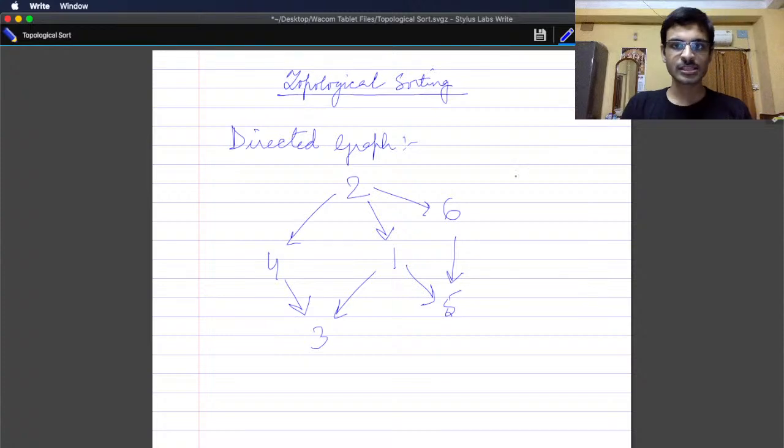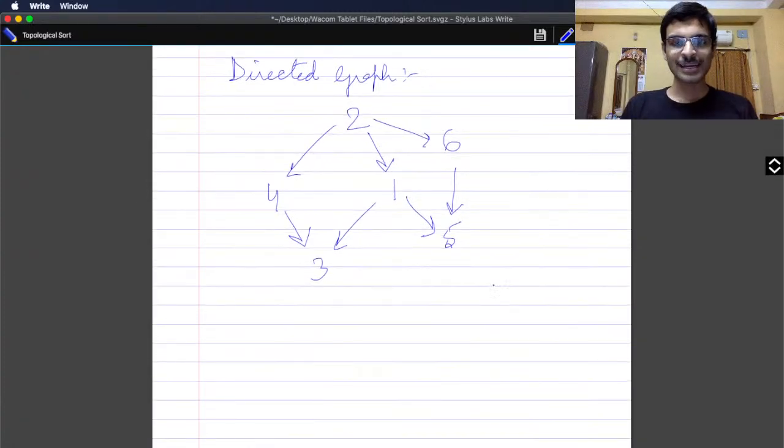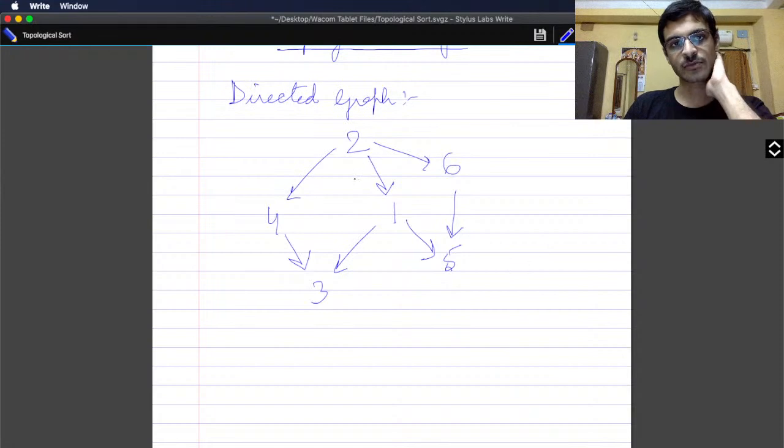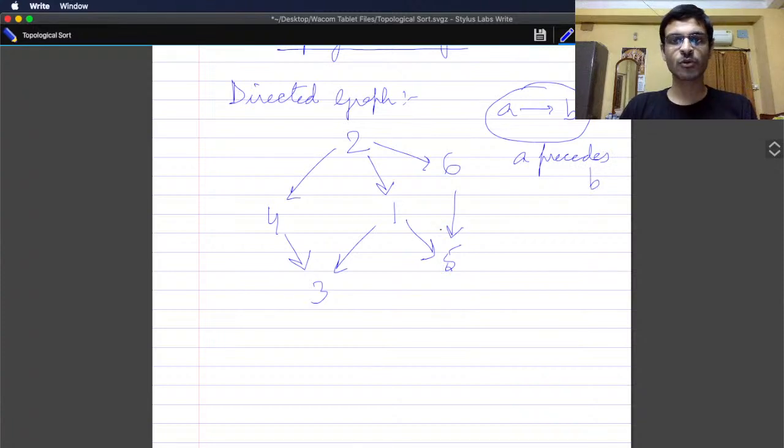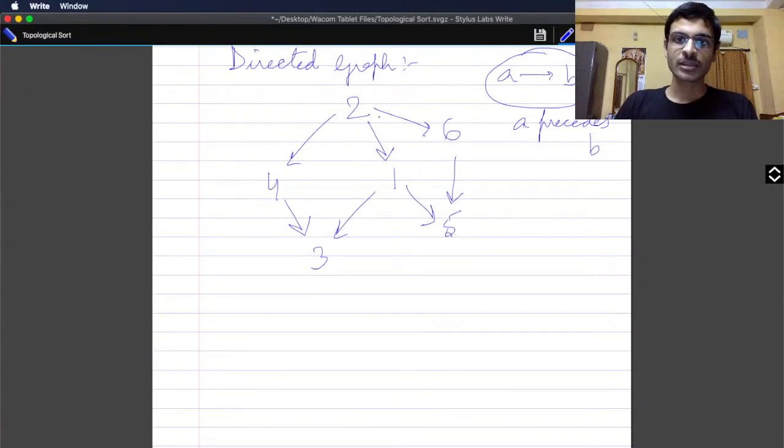Okay, so when you have this kind of an arrangement, suppose you have a story associated with it: A to B means A should be completed before B. A precedes B. So if you want to arrange them in some sequence where these links hold, then you need to ensure that 2 comes before 6, 2 comes before 1, 1 comes before 5, and 6 also comes before 5, something like this.